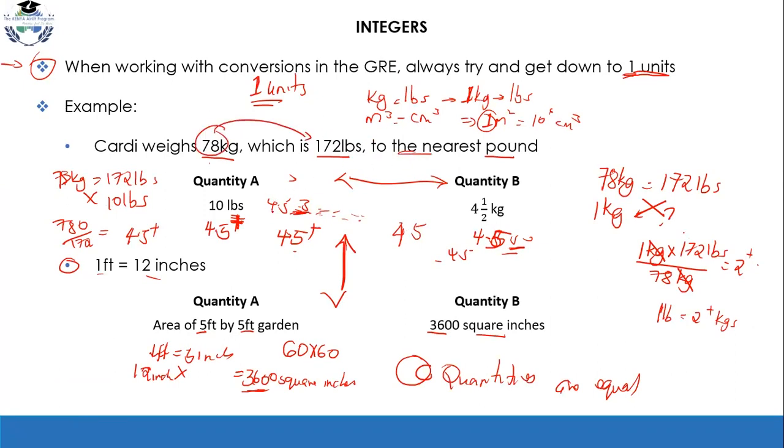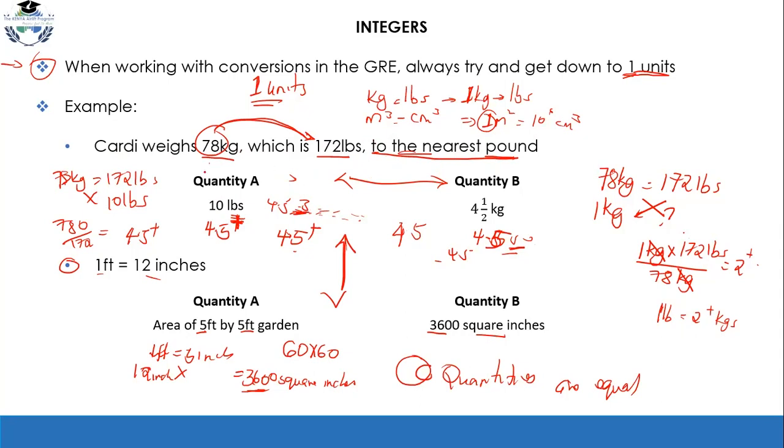They're not telling us to convert this to the nearest pound. They're telling you Caddy weighs 78 kilograms, which is 178 pounds to the nearest pound, meaning the information they're providing here is already rounded off for us. So it depends on how that statement is used in our question.